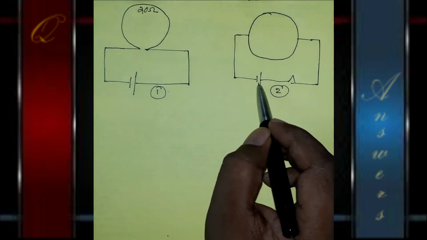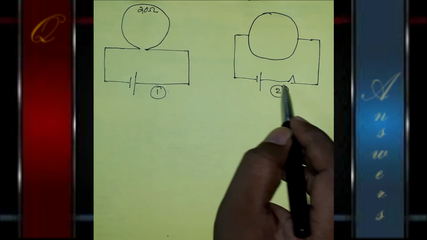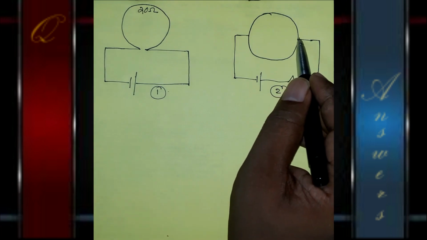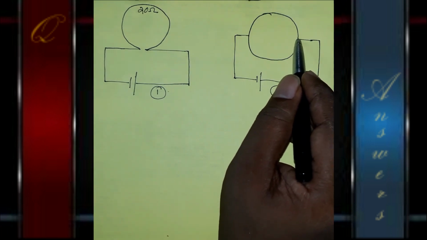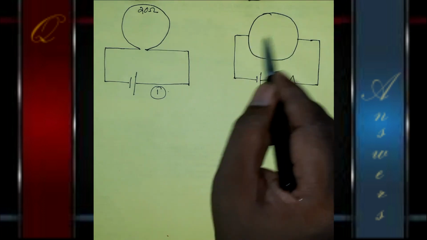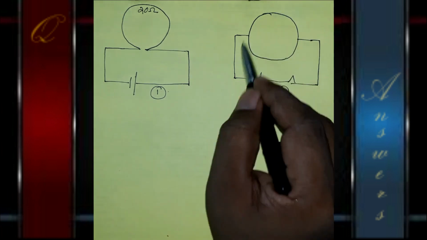When the main current from the cell reaches here, what happens? When the current reaches here, it splits into two. Then this length and this length are equal as per the figure.